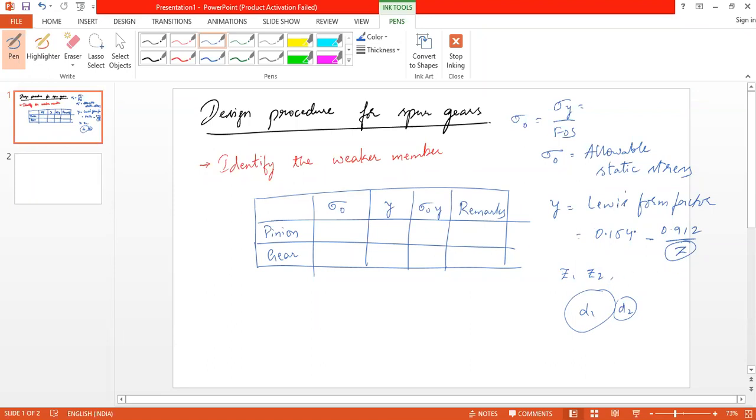First you need to substitute these two values, and then put the values of sigma O1 y1 and sigma O2 y2, whichever is the smaller one. If sigma O1 y1 is less than sigma O2 y2, then gear 1 will be the weaker member.